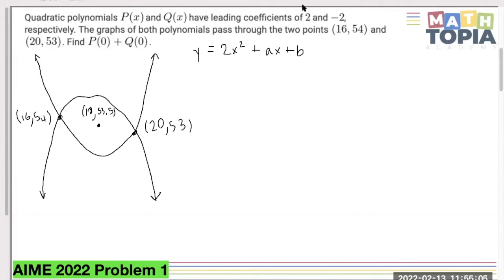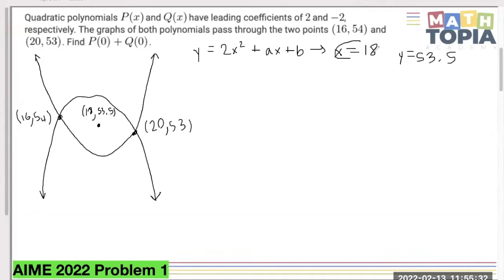The point is (18, 53.5). The way we rotate 180 degrees about a point is to reflect across the point, by which I mean reflecting across this value and then reflecting across this value. So first we reflect this parabola across the line x equals 18, and then reflect it across the line y equals 53.5. If we do those two reflections, it gives us the rotation.